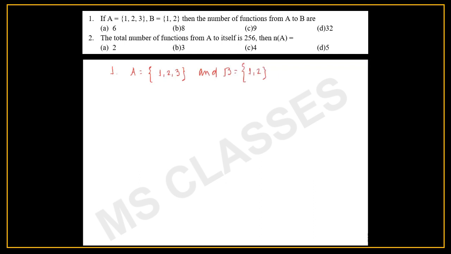Now here the function is coming from what? From A to B. So which is the codomain? Codomain is the set B. Here the codomain is the set B.